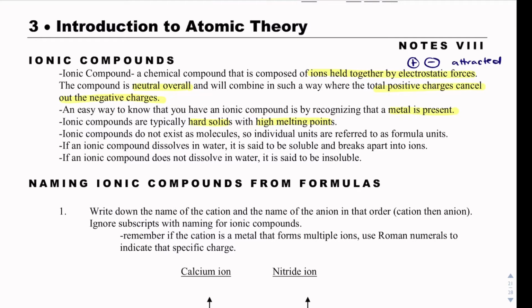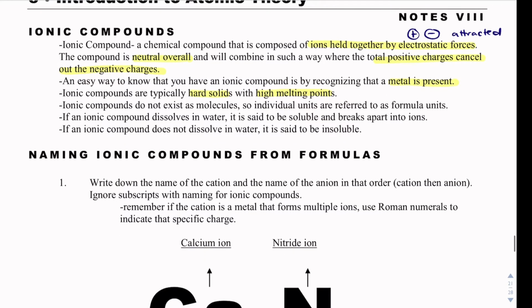And ionic compounds are not molecules. They're just not. They are referred to as formula units. And a couple things that we'll learn about, not necessarily right now, but ionic compounds tend to dissolve in water and then break apart into their ions. And if they don't dissolve in water, that's just referred to as being insoluble.